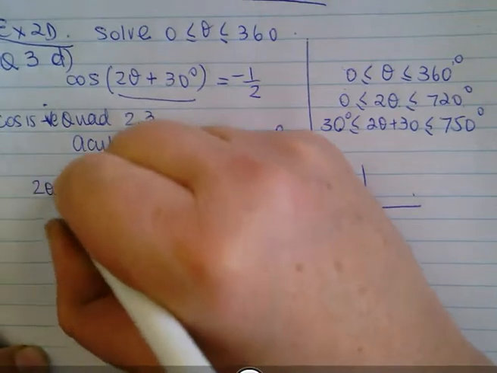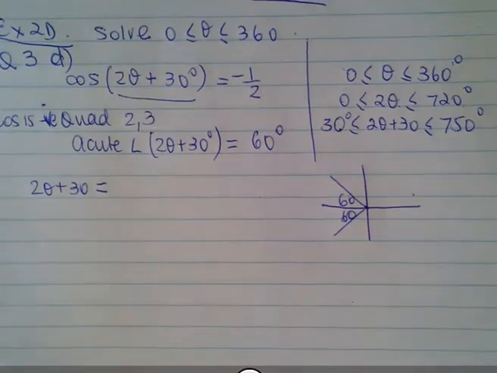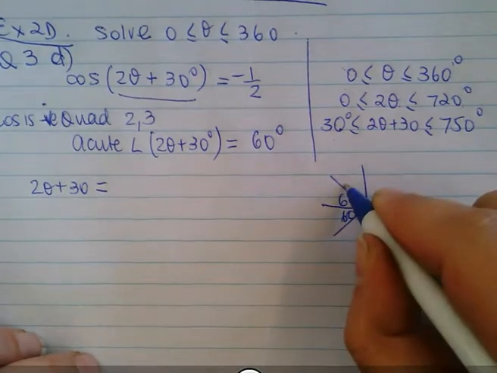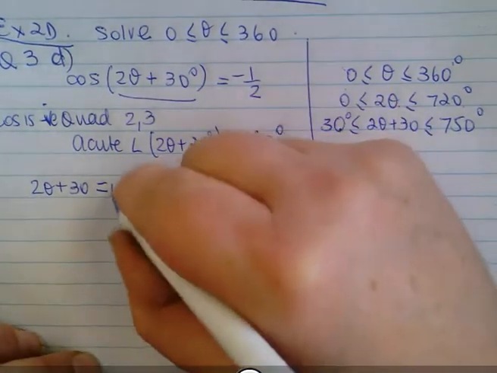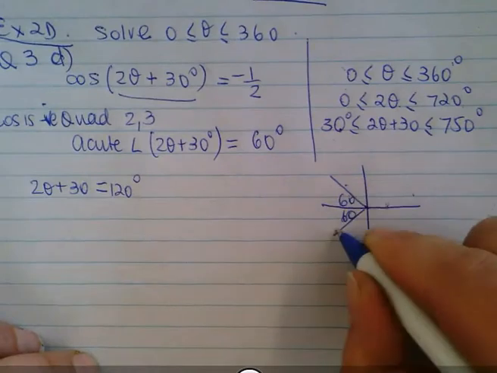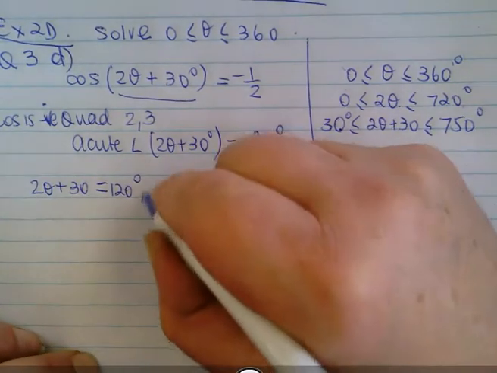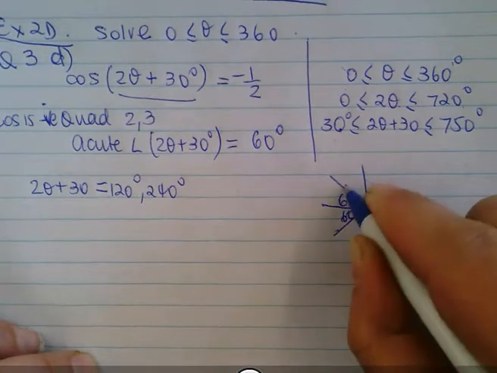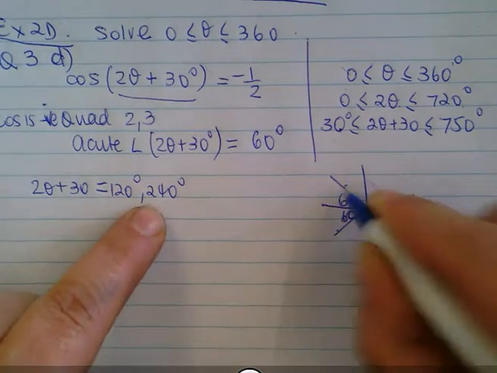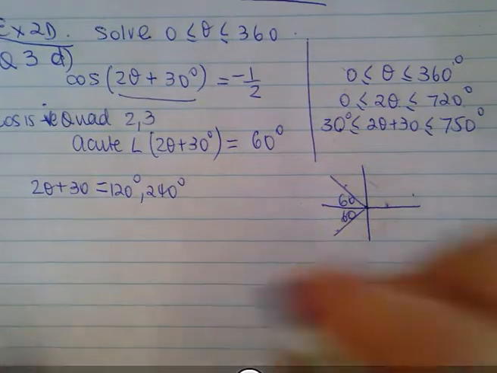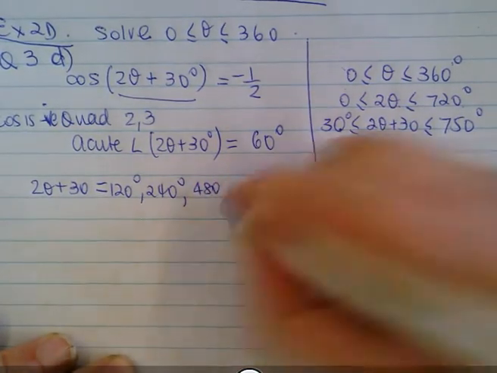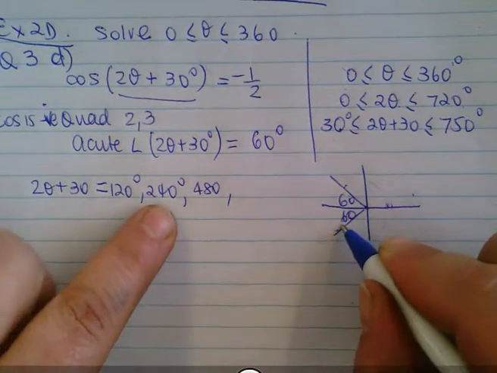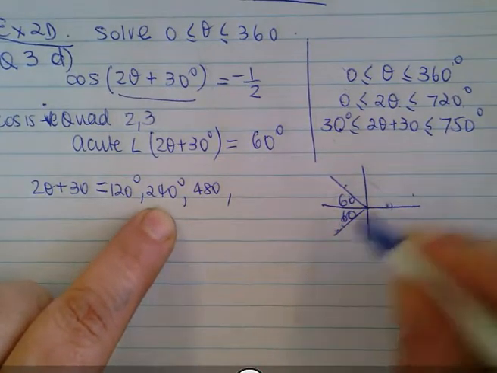So my 2 theta plus 30 is, what have we got? First one, 120. Well, that fits. That's good. Keep going. 240. Now, if you're going to go around, it's 360 plus this 120. What's 360 and 120? 480. And 360 and 240, what's that?